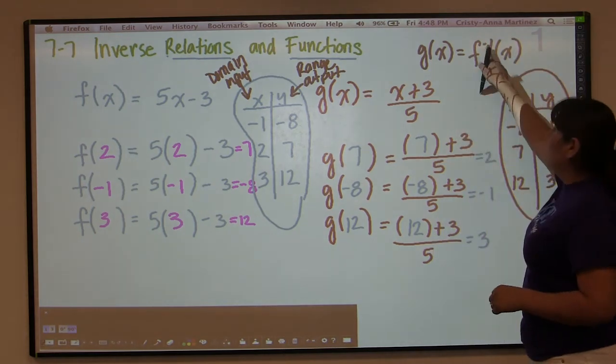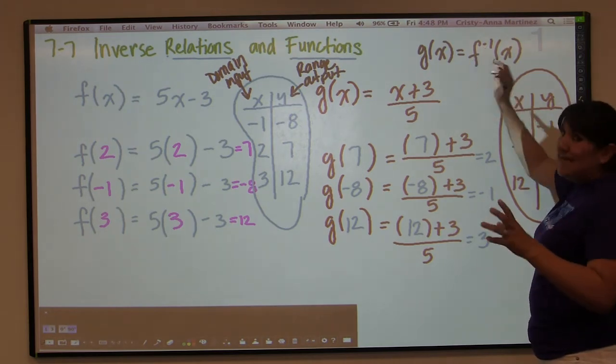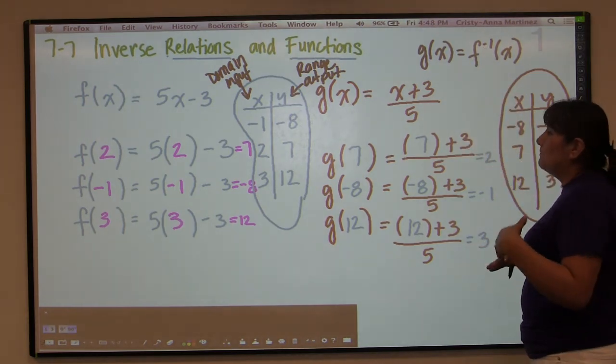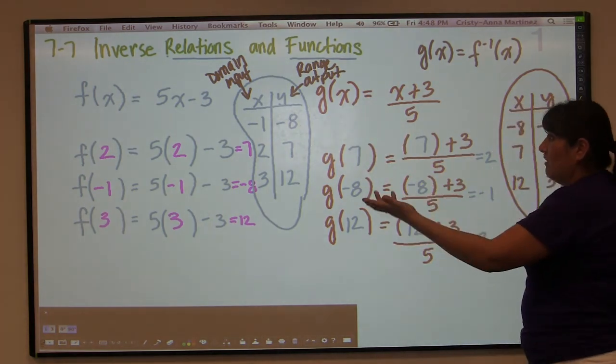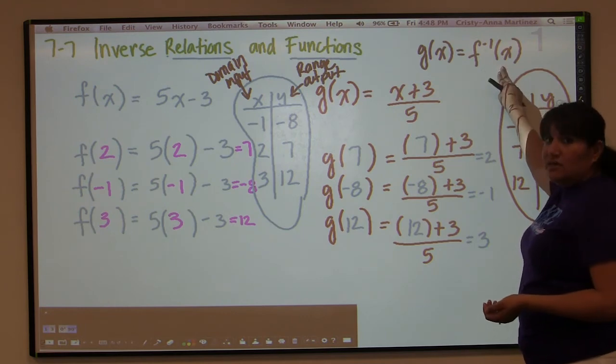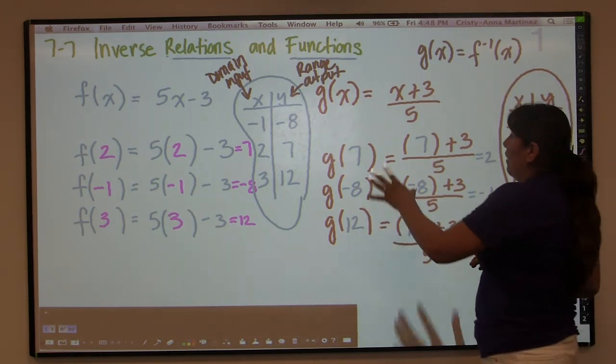It's like f to the negative 1 power almost, but it doesn't actually mean to the negative 1 power. When you read it, you just say f inverse. Right now it's called g of x, but it's also the inverse of f, so we could also call it f inverse of x. So we have a function, and now we have the inverse.